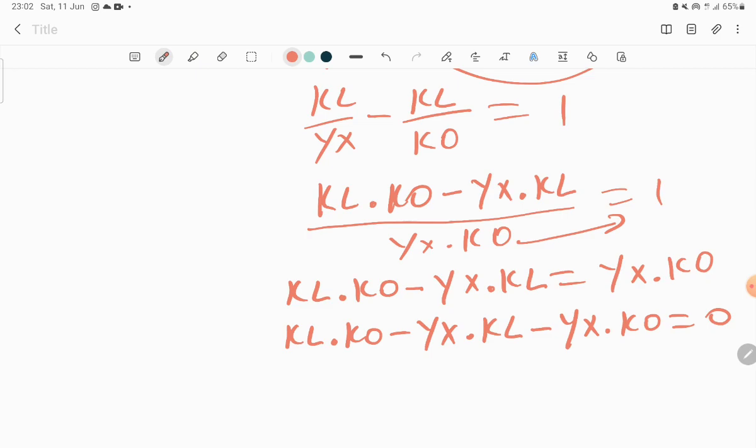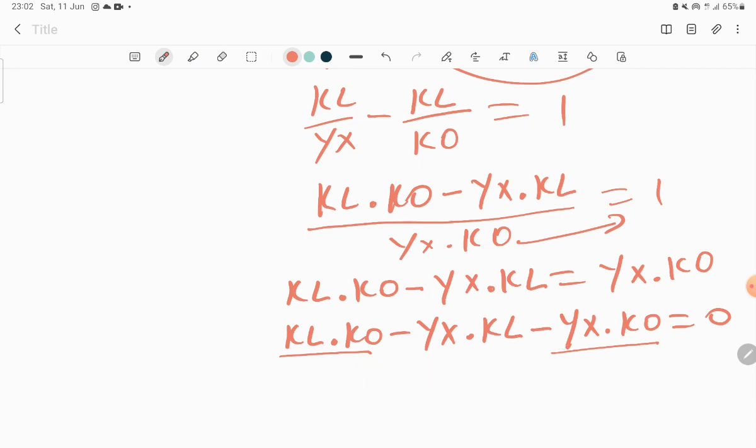What we do, we can always take out a common factor from these ones, taking out the common factor KO, and we are left with KL.